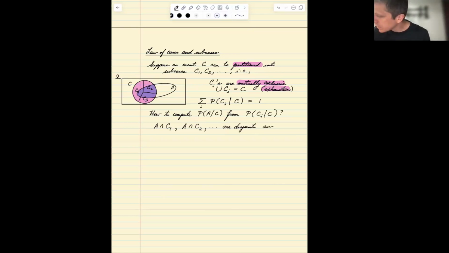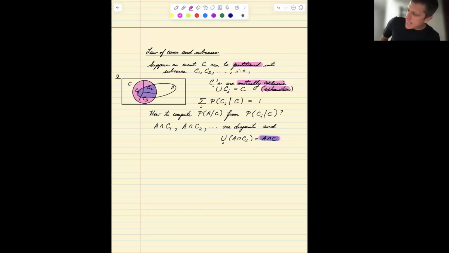Furthermore, the union of the A intersect Ci's is equal to A intersect C. This region is A intersect C, and it can be gotten by the union of these disjoint, non-overlapping intersections with each of the subcases.